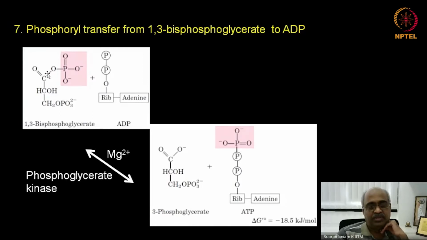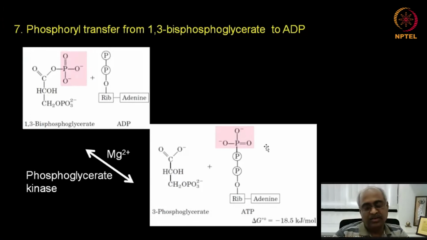And the high energy bond here is now transferred to the formation of ATP. So this kind of generation of an ATP molecule is usually called substrate level phosphorylation, meaning from a substrate of this enzyme, you have the phosphate group transferred to make ATP.